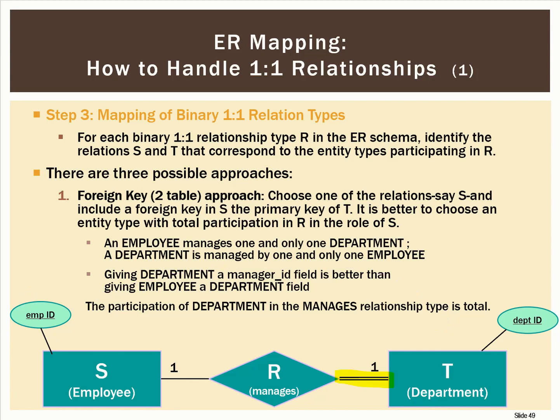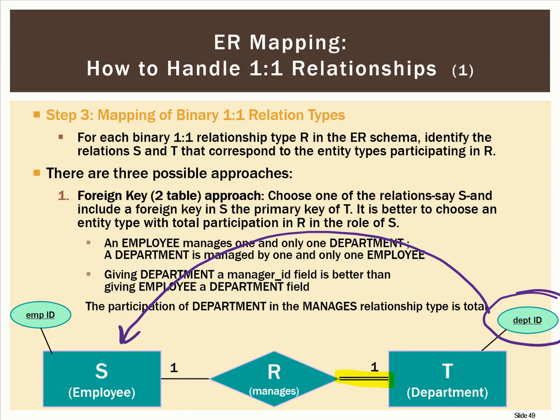If we did it the other way, though, if we were to take the department ID that somebody is managing and put that in the employee table, our employee table might have 1,000 employees. Maybe only 100 of them are managing a department.